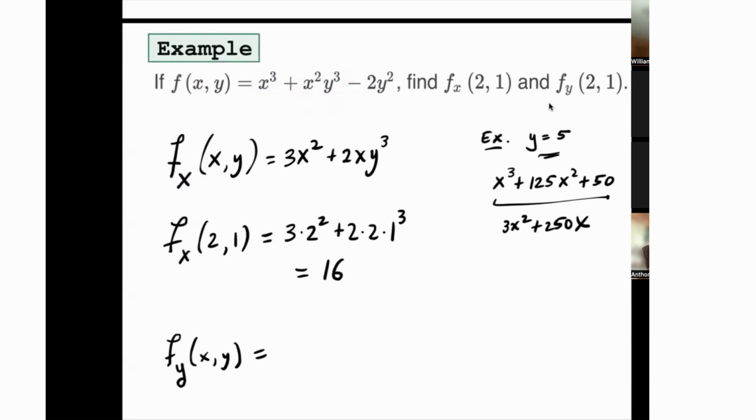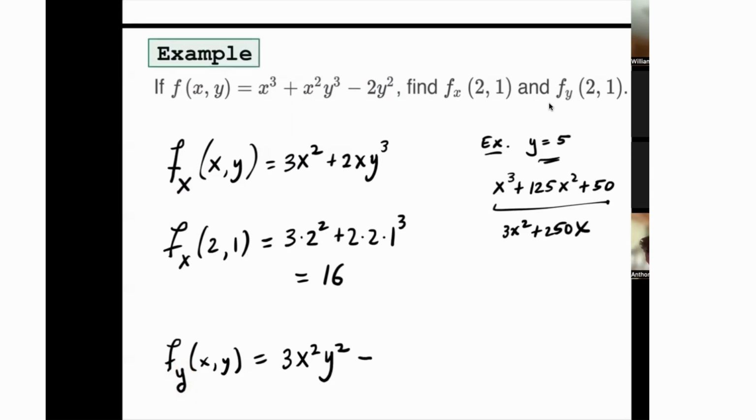The derivative in that case is going to be 3x squared y squared. Just remember in the second case, I'm differentiating with respect to the variable y. In the last term, the derivative with respect to y of minus 2y squared is minus 4y.